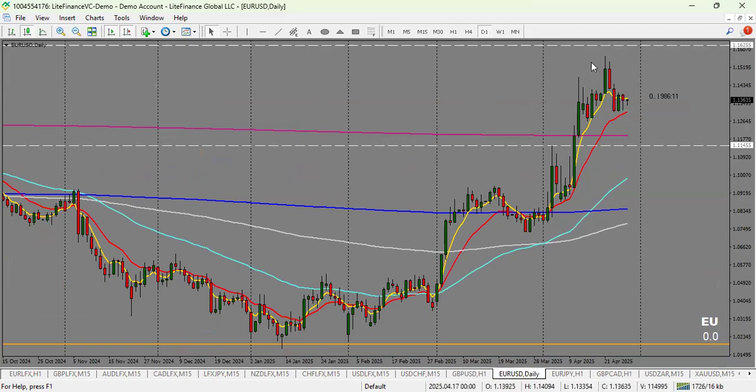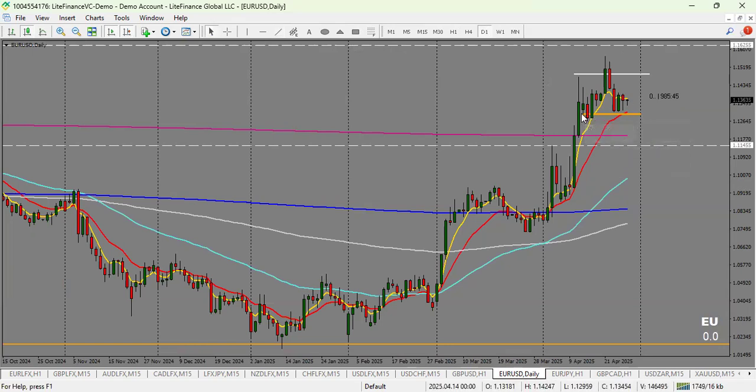The structure here is the same as what we have seen on GBP USD. Yeah, the structure is the same, and this here can be like a neckline, if you look at it, and you can have a head and shoulder pattern here.